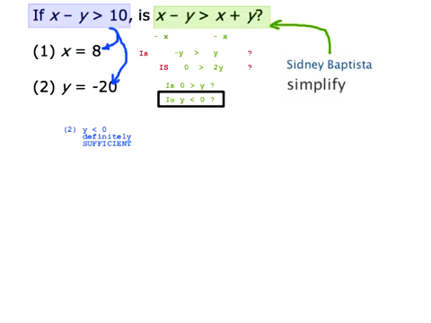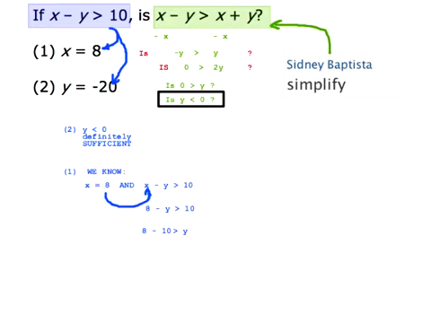But statement 1, okay. Don't forget that we know that blue statement. We know that x is 8, and we know that x minus y is greater than 10. So we can substitute into there: 8 minus y is greater than 10. Then we can bring y over, and we can bring 10 over.